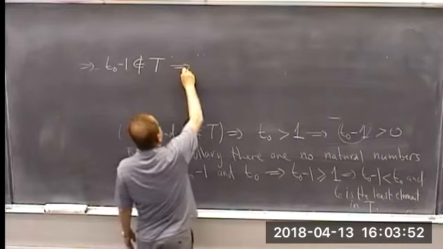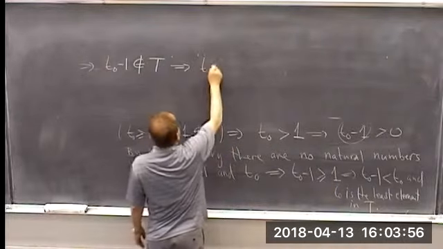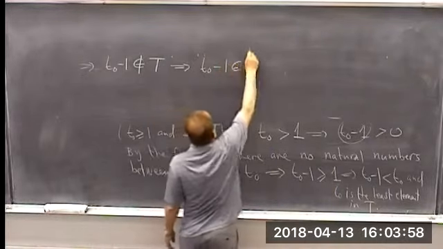Together with being bigger than or equal to 1, this means T sub 0 minus 1 is in K.